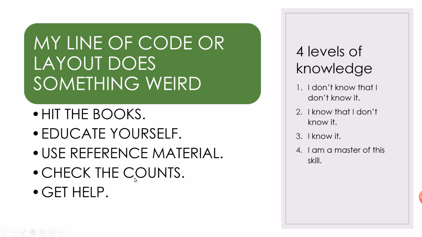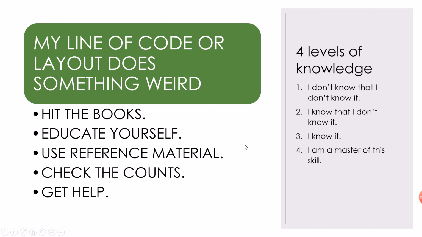Is your loop variable counting up to the right number to get going? Get help from experts. There are 4 levels of knowledge. Firstly, you don't even know what you don't know, so talk to somebody who does know. Second, you learn what you don't know, so now you can educate yourself about what you don't know. Third level, you know it. Fourth level, you are a master of that skill. Hope you guys all get to the master level at many things in your life.